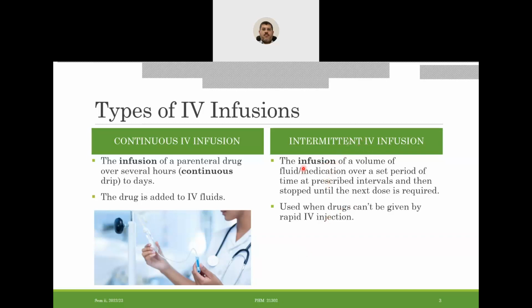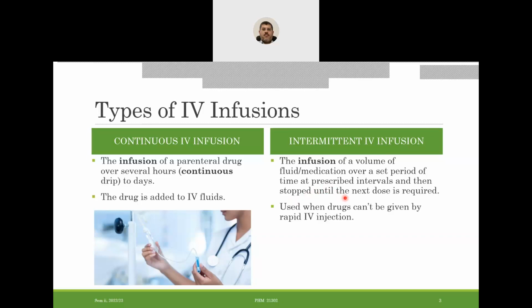So intermittent IV infusion is the infusion of a volume of fluid or medication over a set period of time. We set this period of time at a prescribed interval, and then stop until the next dose is required. For example, as I mentioned, infuse over 30 minutes, finishing all the dose in 30 minutes. Then the frequency is every 8 hours.